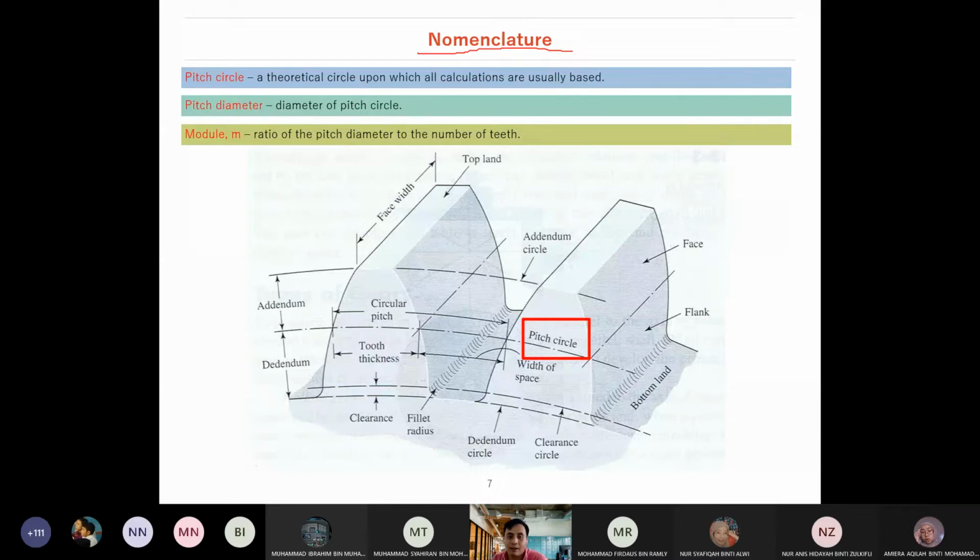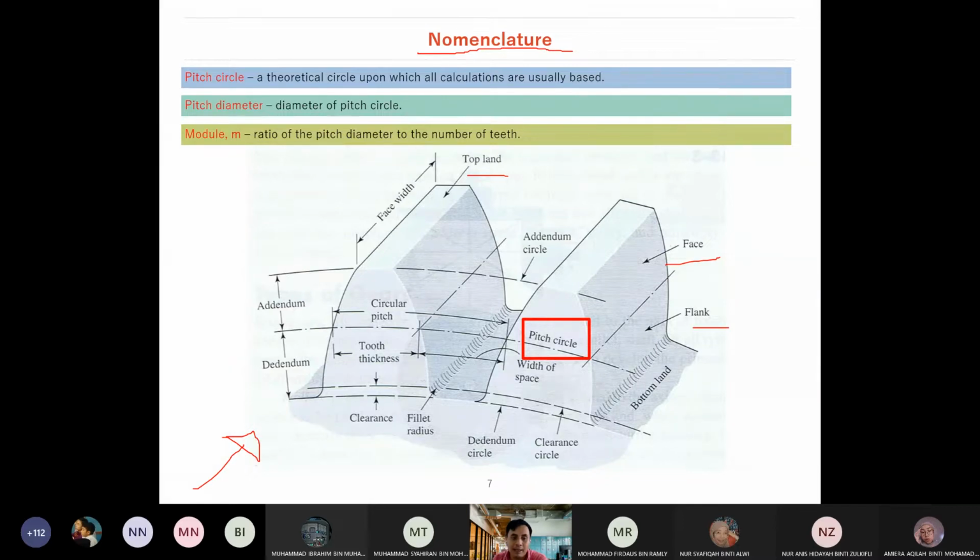The most important part is the 2D side. If you don't remember top land, face and flank, that's okay, but the 2D view is the most important. So let's talk about this terminology.